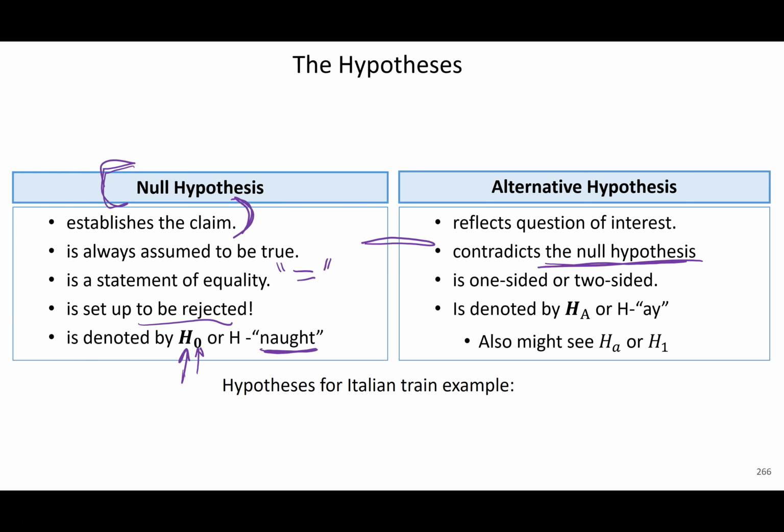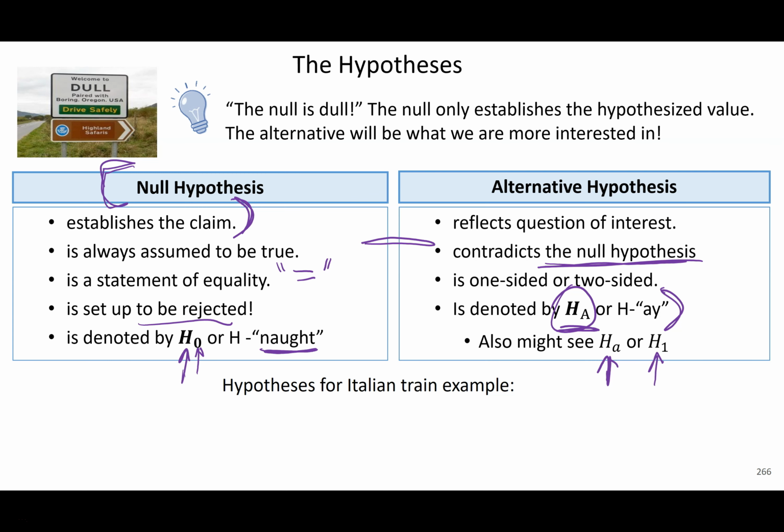We can have one-sided or two-sided alternatives, and we'll discuss what that means. I'm going to try and consistently denote it H_A. Note that it's not very important that the A is capitalized. A lot of people will use a lowercase a or H1, like H0, H1. As long as you use one of these 3 notations, we know what they are, that should be okay. I personally am going to try and stick to H subcapital A.